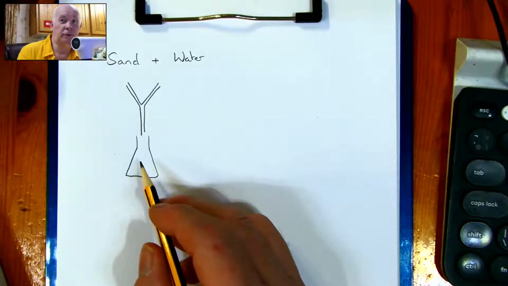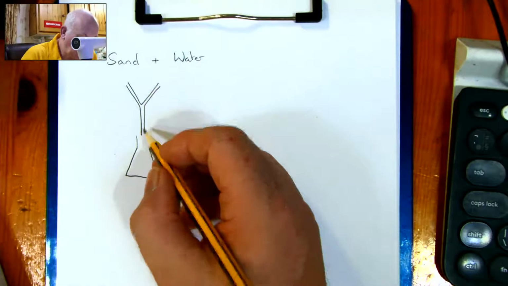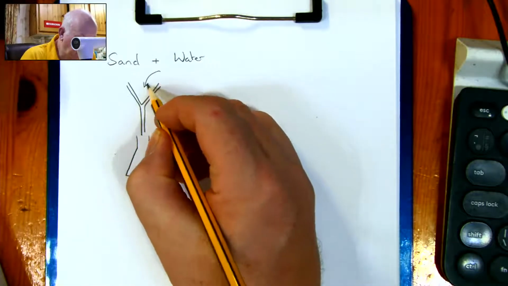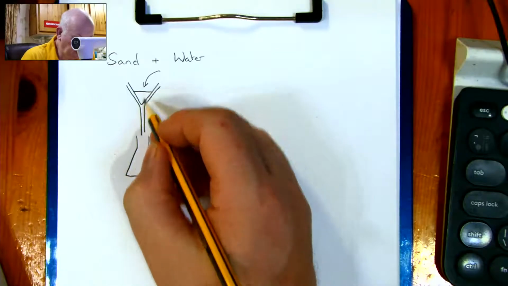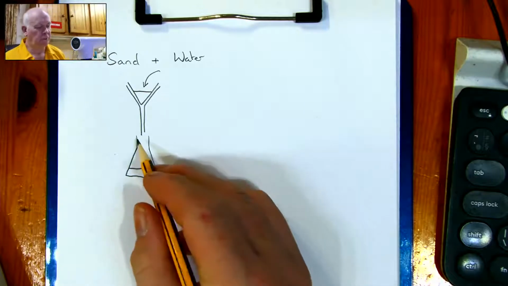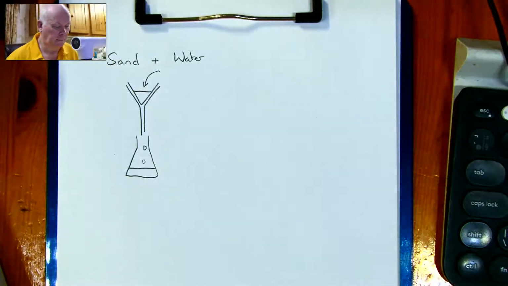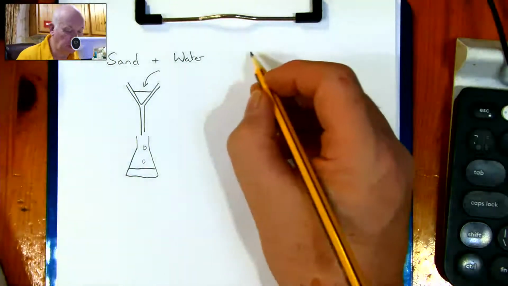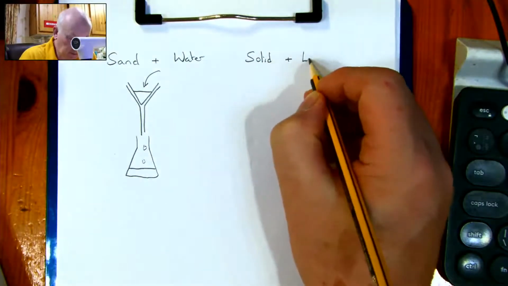My art isn't very good. Anyone who knows me knows my art's not very good. And we pour in the mixture of sand and water. The sand gets left behind in the filter paper and the water goes through and is collected in the conical flask. So that's a very easy way of separating a solid plus a liquid.